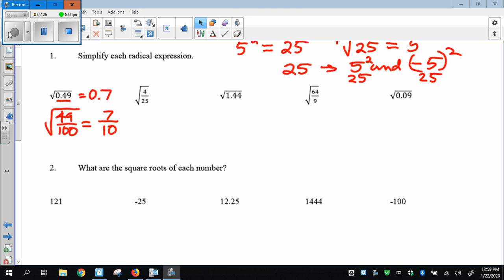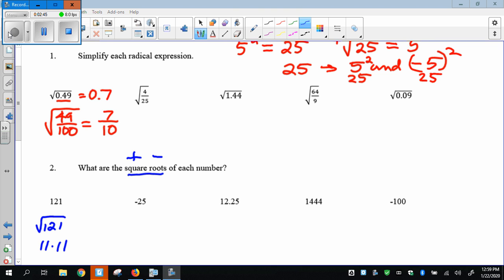All right, so number 2, we're going to find the square roots. That means both the positive square root and the negative square root of each of these numbers. And you can use your calculator to help you if you need to. So basically, I want to do the square root of 121. Well, since I know 11 times 11 equals 121, the positive square root of 121 is 11, and the negative square root of 121 is negative 11, because negative 11 times negative 11 is also equal to 121.